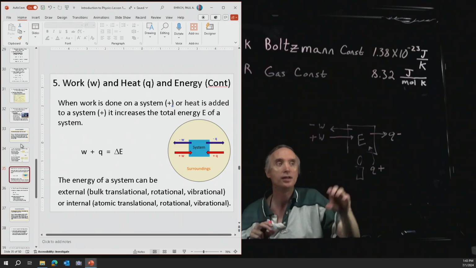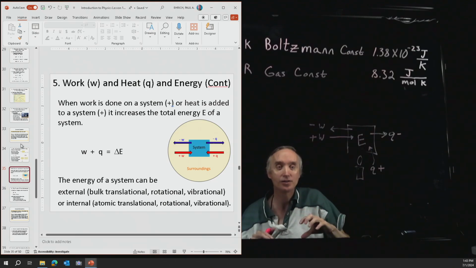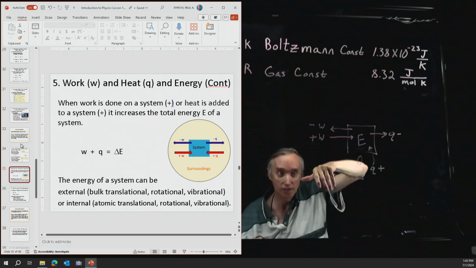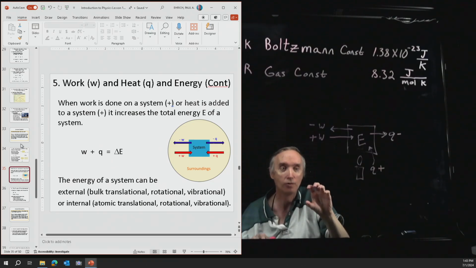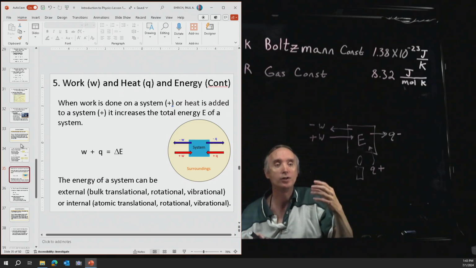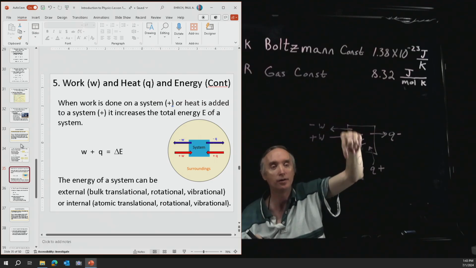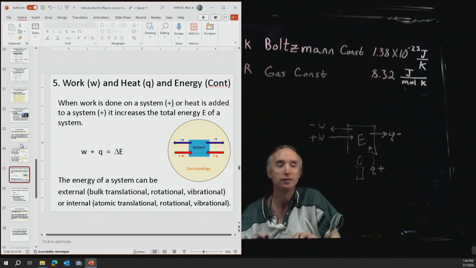But as a system, let's say it's a cube, that system could have external energy, meaning the whole thing could be rotating, the whole thing could be moving sideways, or the whole thing could be vibrating. So when you take its external energy and add it to the energy of its individual atoms, we're going to call that the total energy of the system.